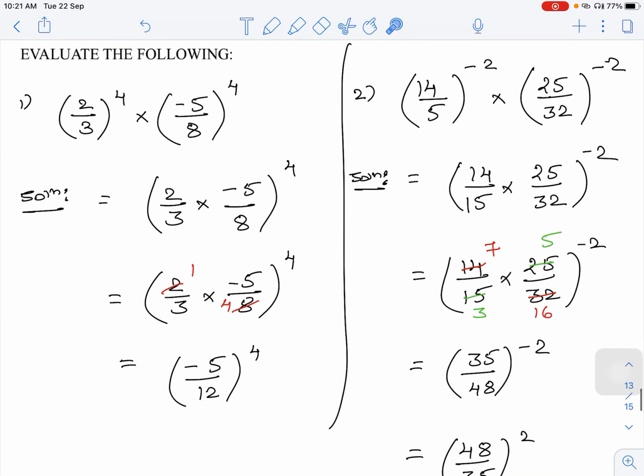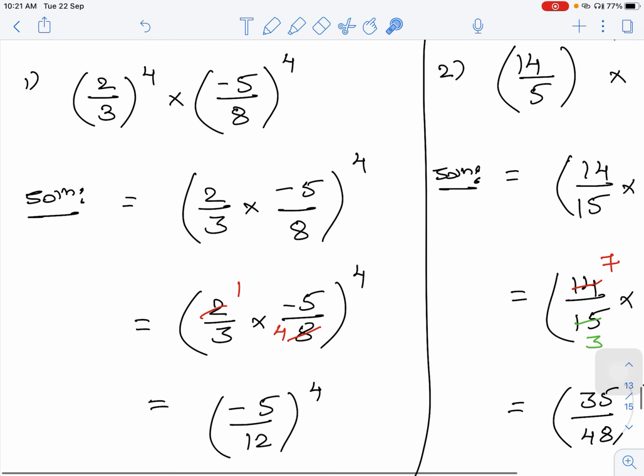Now let us consider one example based on this one. Here we have (2/3)^4 into (-5/8)^4. So here we have two numbers with different bases and the same powers, and they are multiplying. So we will multiply the bases. When we multiply the bases, we get (2/3 into -5/8), and the power is written only one time.